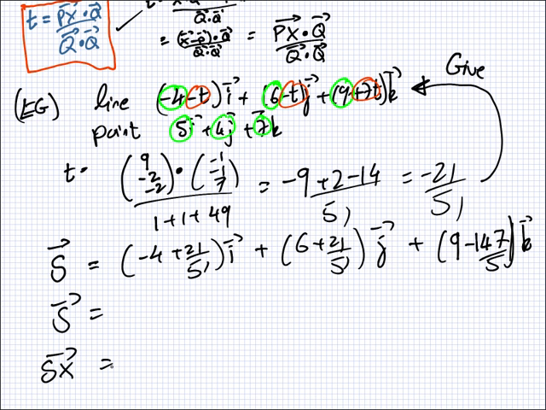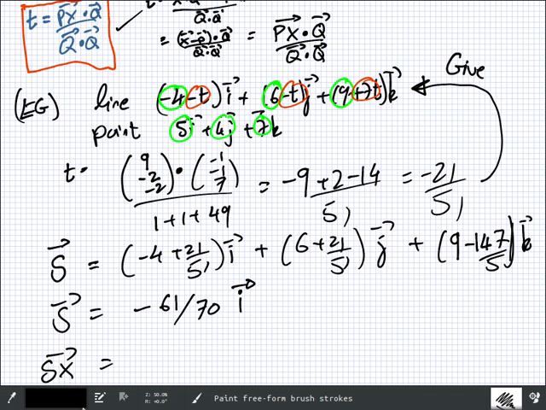This one is minus 61 over 70, this becomes 109 over 70, and minus 102 over 5.